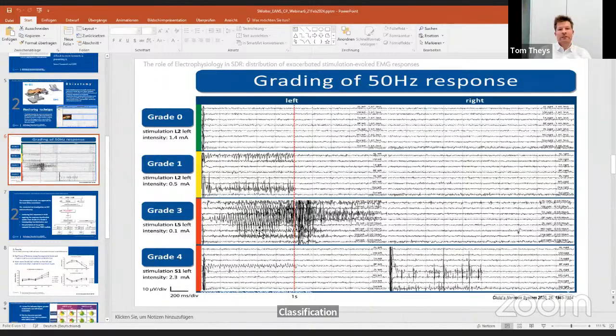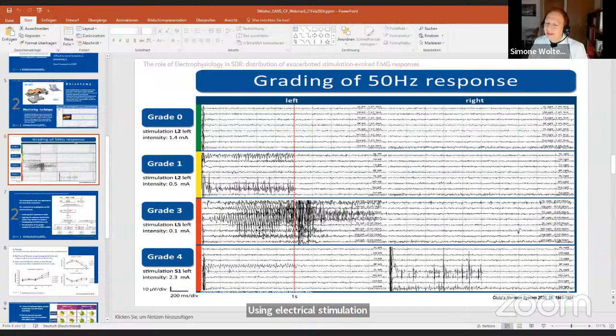Second question: how to distinguish ventral from dorsal roots using electrical stimulation? Sometimes it is not so easy in these patients, because normally you can use the threshold.